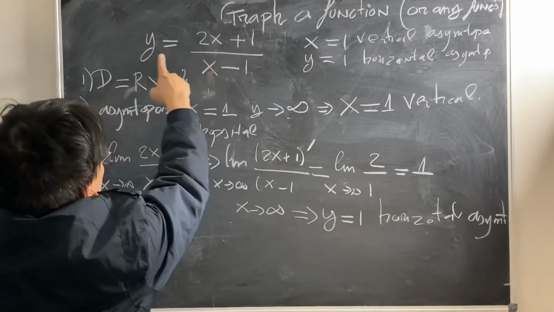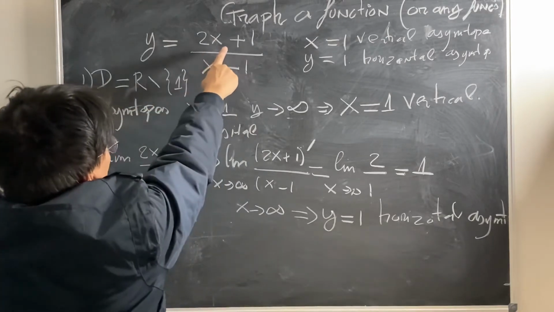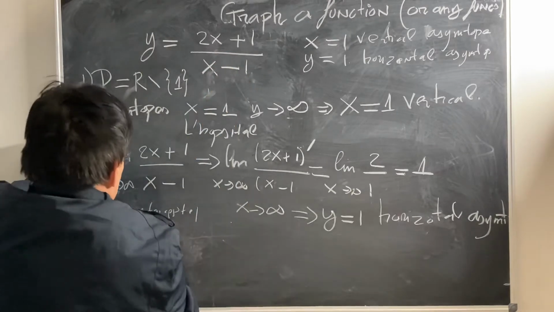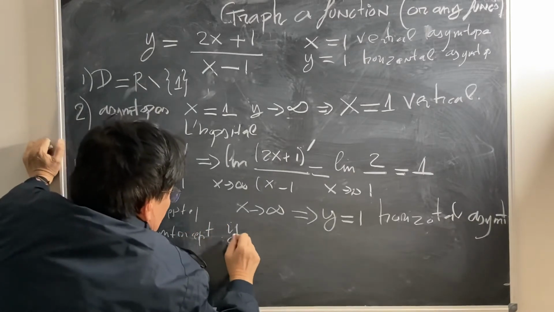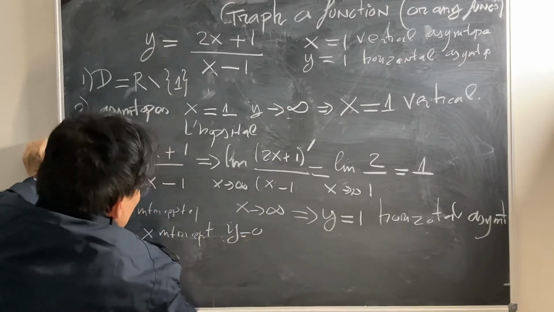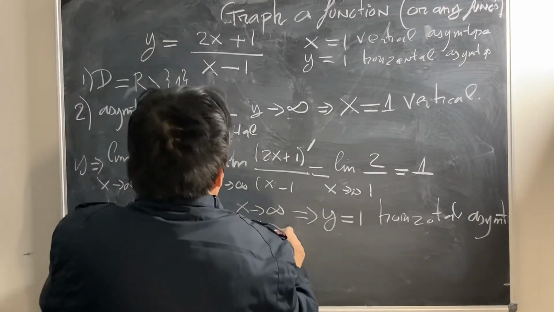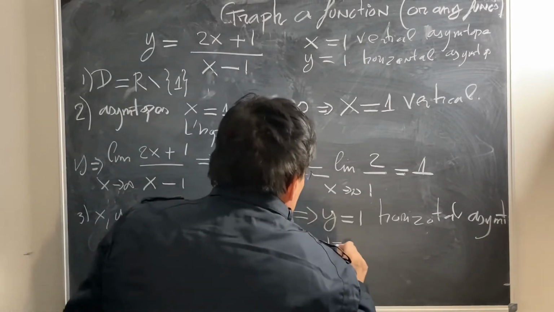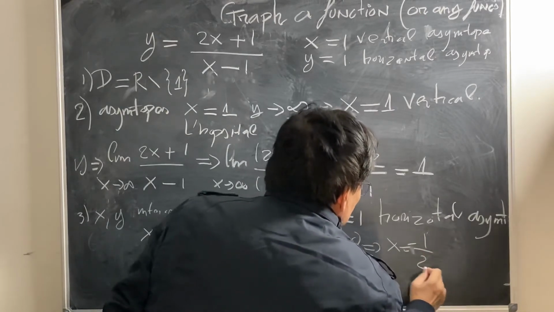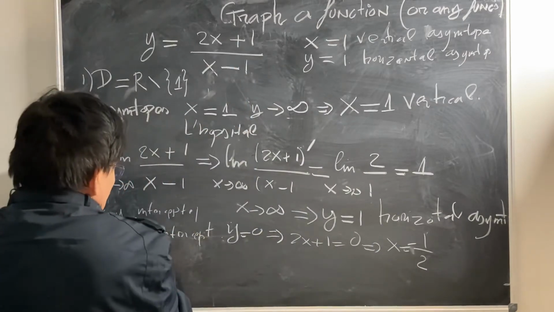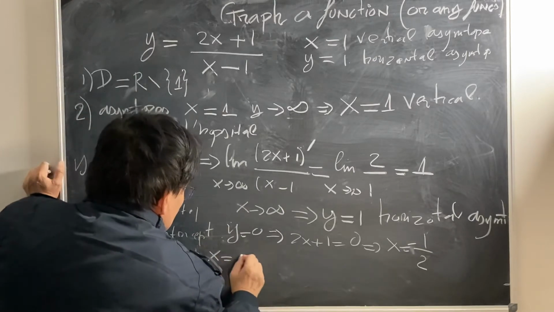We find the x-intercept first. For the x-intercept, y equals 0, which means the top equals 0. So 2x plus 1 equals 0, which means x equals minus 1/2. For the y-intercept, x equals 0, so we just swap x and y: substitute x equals 0 here.